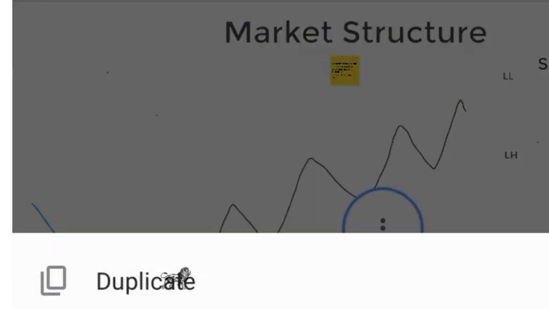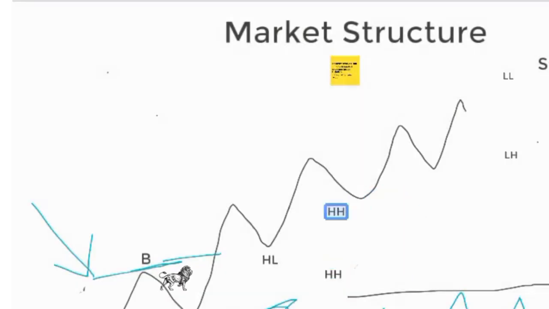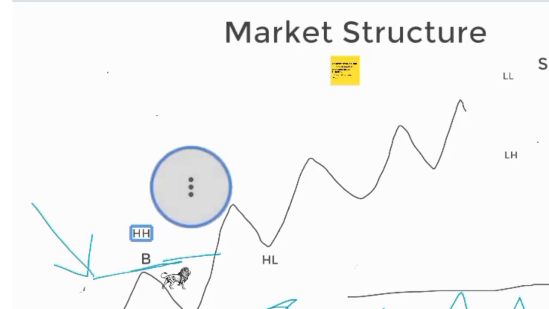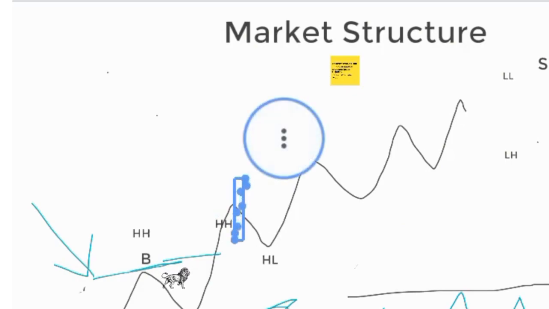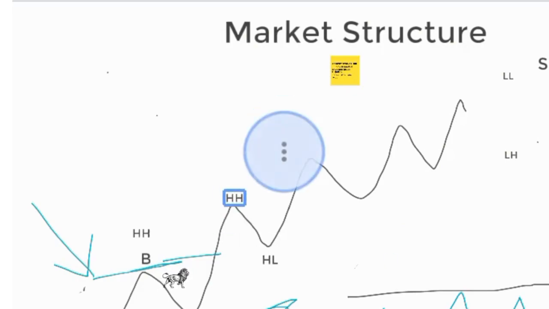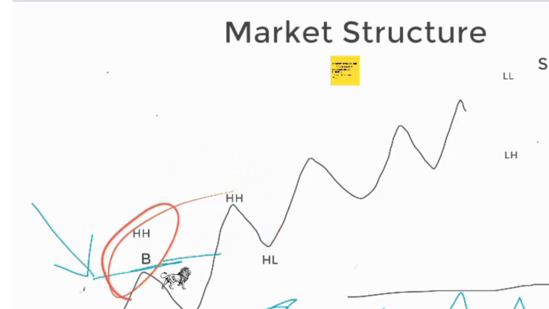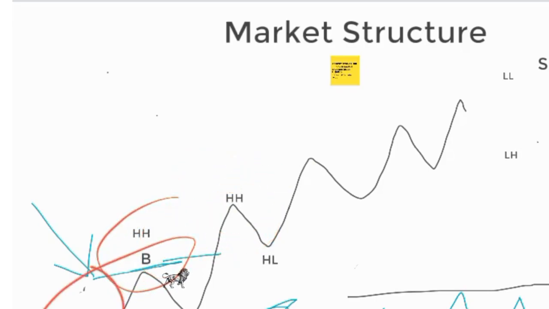Double H, H, H. So why is it called higher high? It's called higher high because this is the high of the market, and this high is higher than this. This high is higher than the previous high, and this high is higher than the previous high.